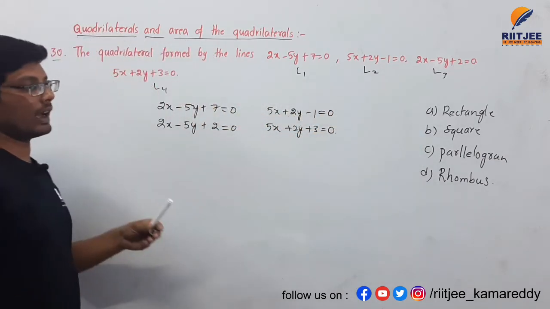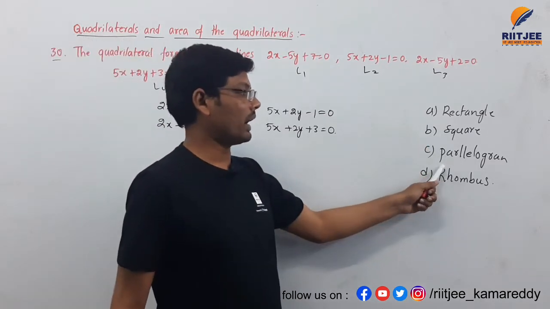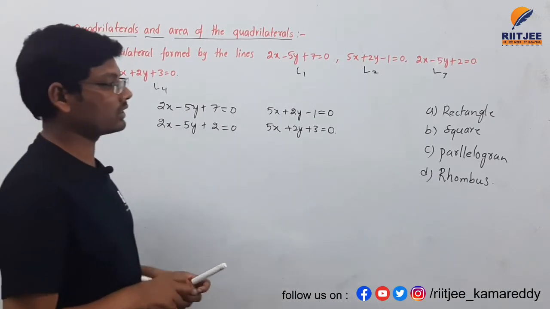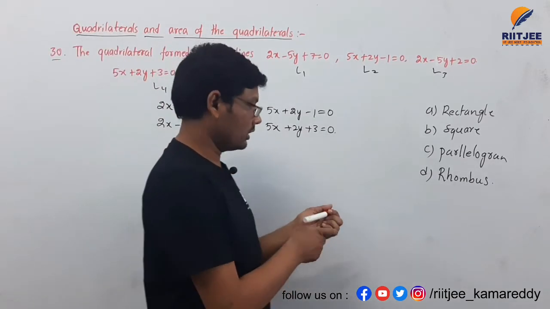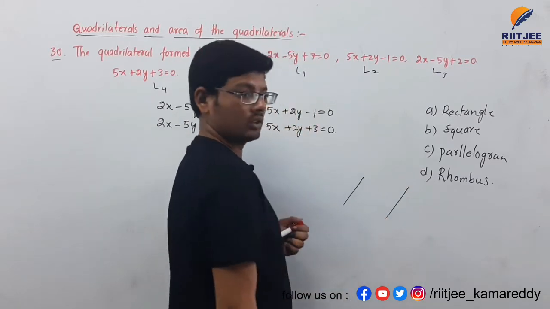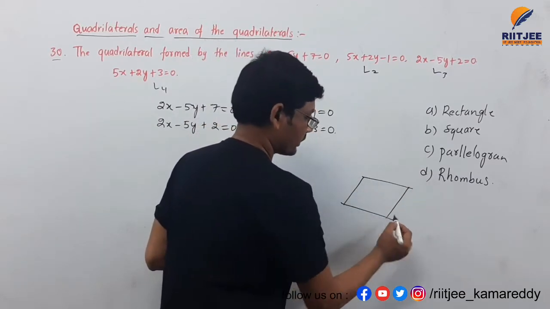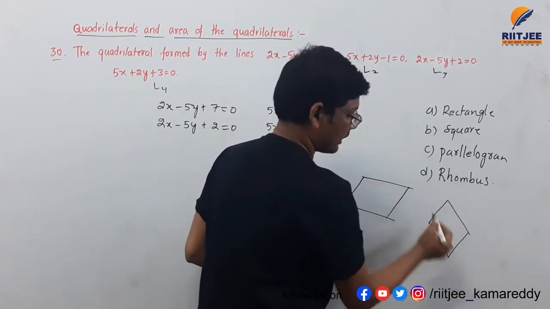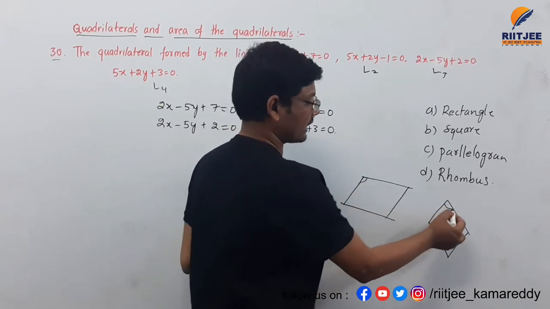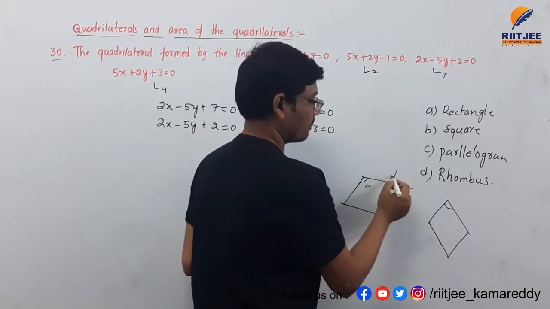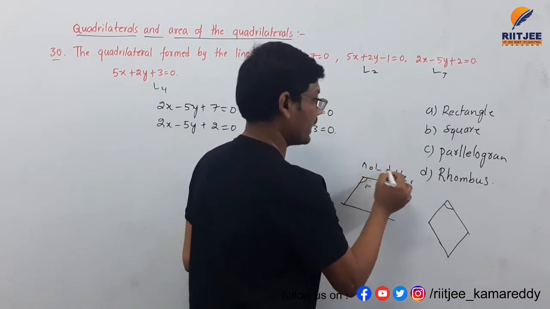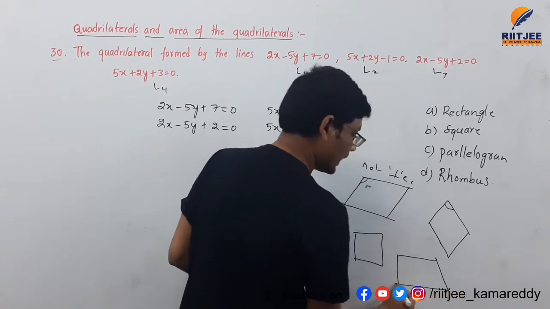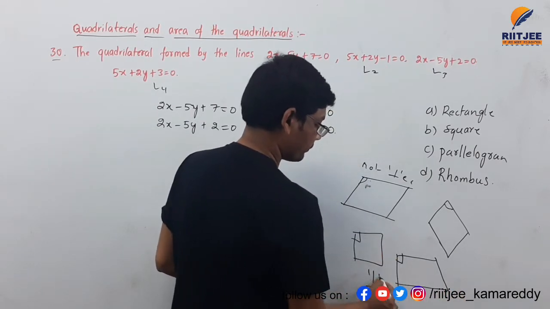So if you look at the options: rectangle, parallelogram, square and rhombus here. First of all, if you know the slope of these two lines, if they are like this, this is a parallelogram, this is a rhombus. These two figures are not perpendicular, but square and rectangle are perpendicular.